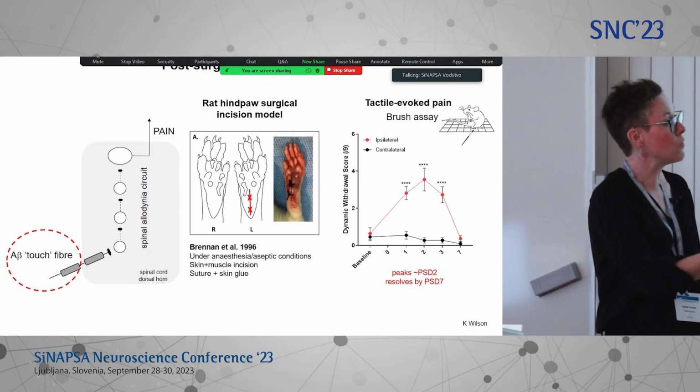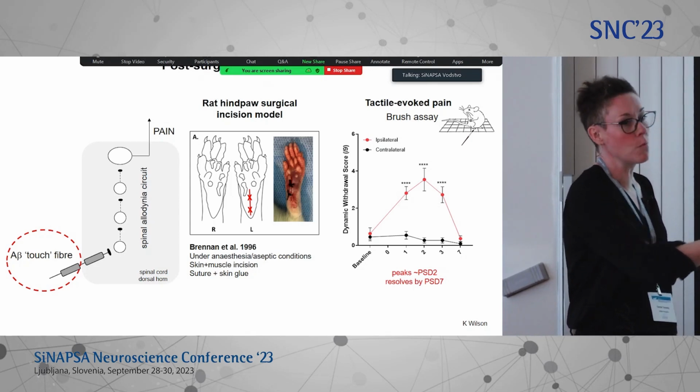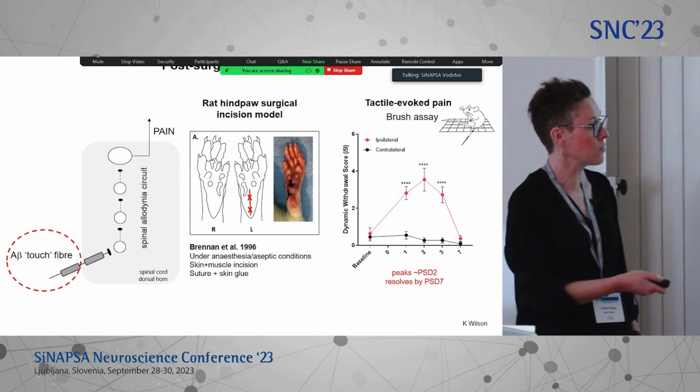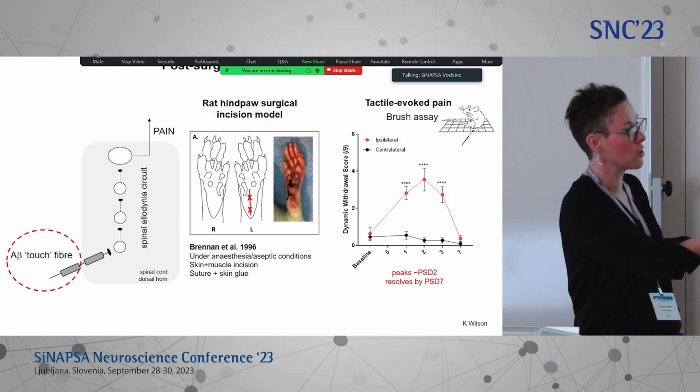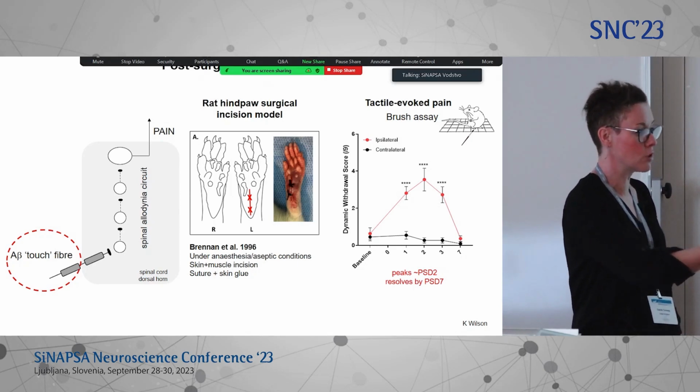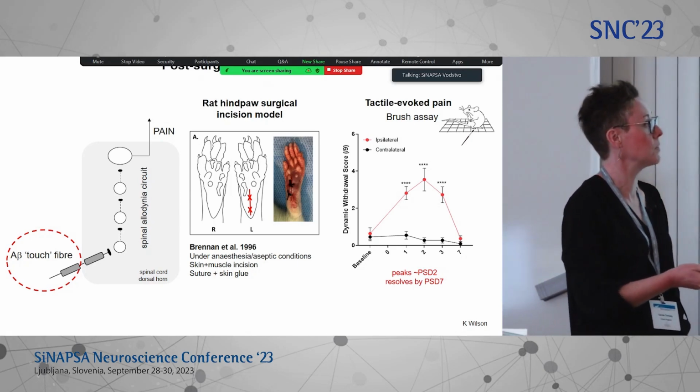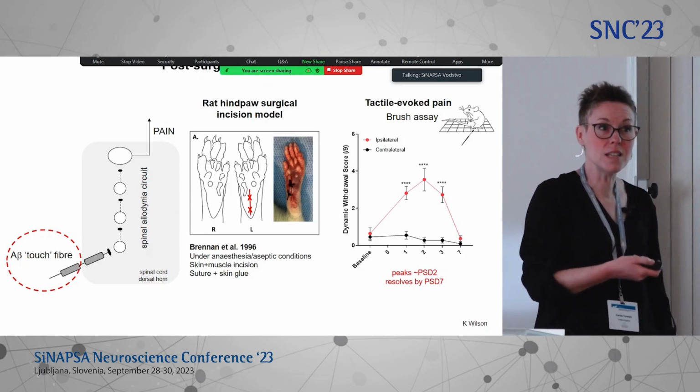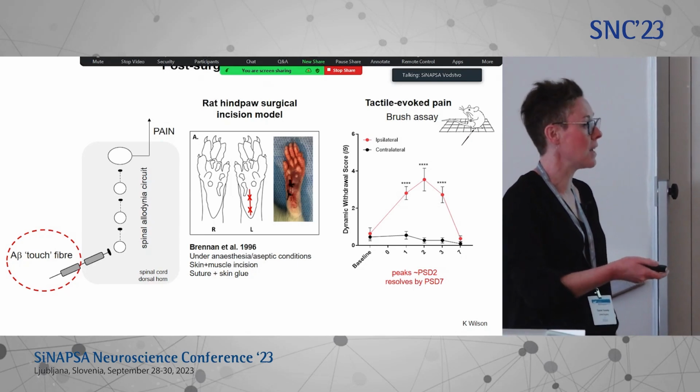But in the days following this surgery, we see a robust pain response. This peaks around post-surgical day 2 or 3 and is resolved by post-surgical day 7. So this nicely models post-surgical tactile pain.